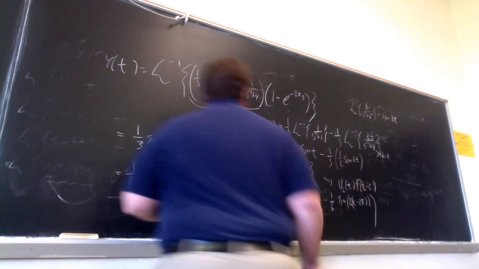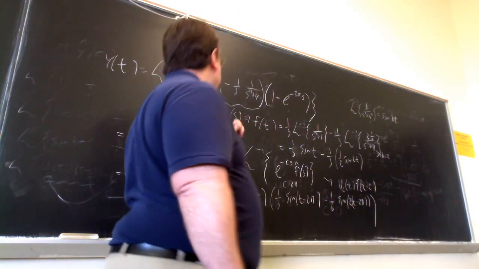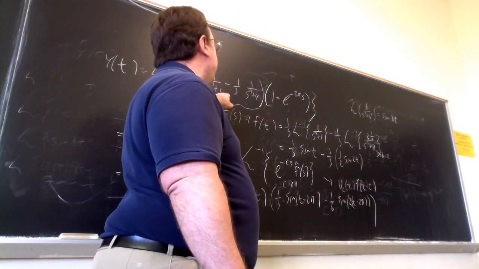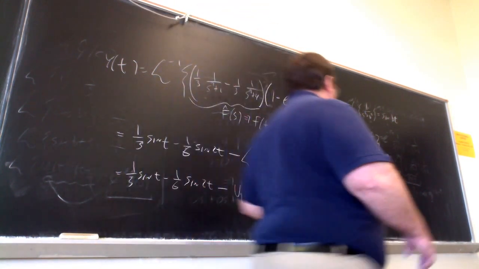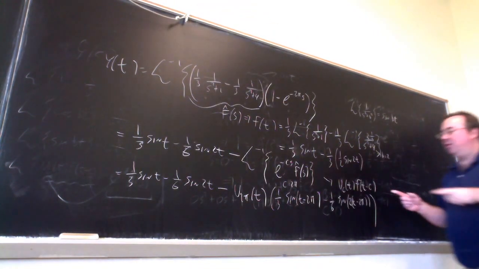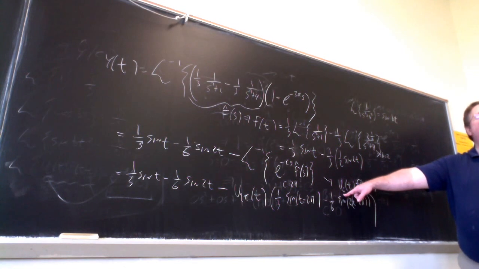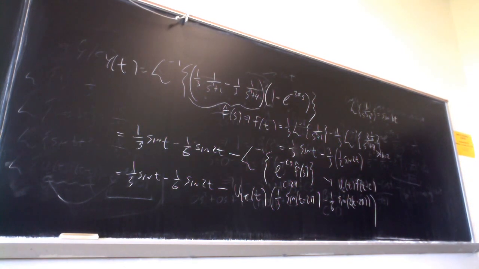So when you're handling the exponential, whatever you have here, figure out its inverse transform, and then whatever you got for that inverse transform, shift it by the value of c. Now this is not effective functions involved, but still you've got to remember to do it in case it does matter. Okay.